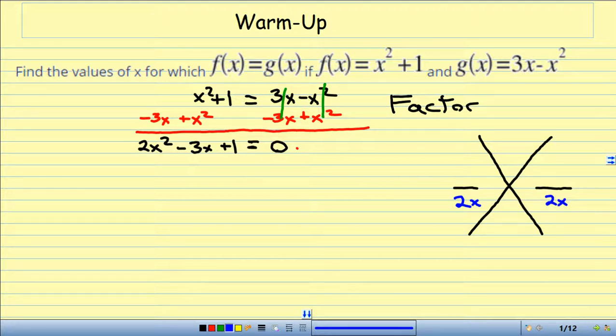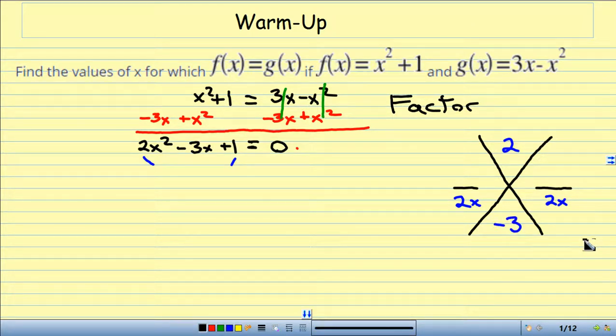I'm going to show you why, but not right now. So just put this 2x on the bottom, and I'm going to multiply 2 times 1. That gives me 2. I'm also going to take this middle term, negative 3, and put it on the bottom.